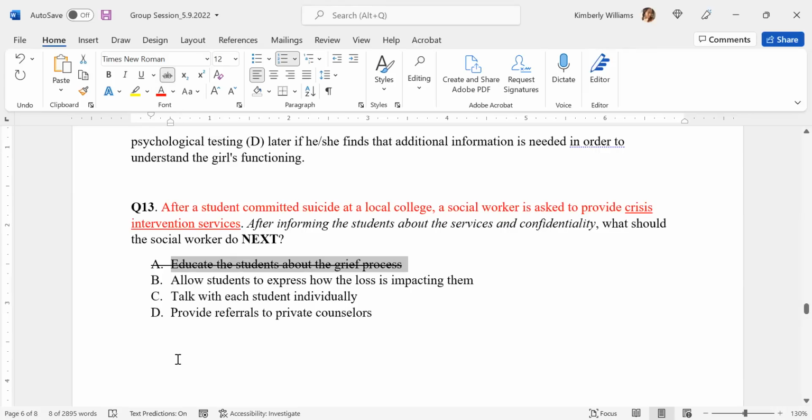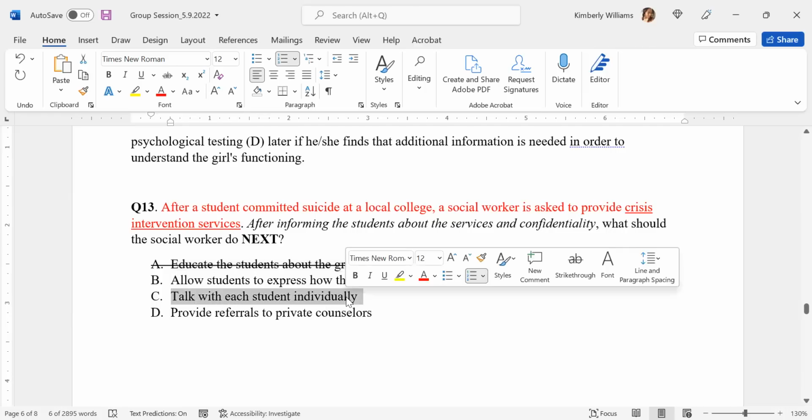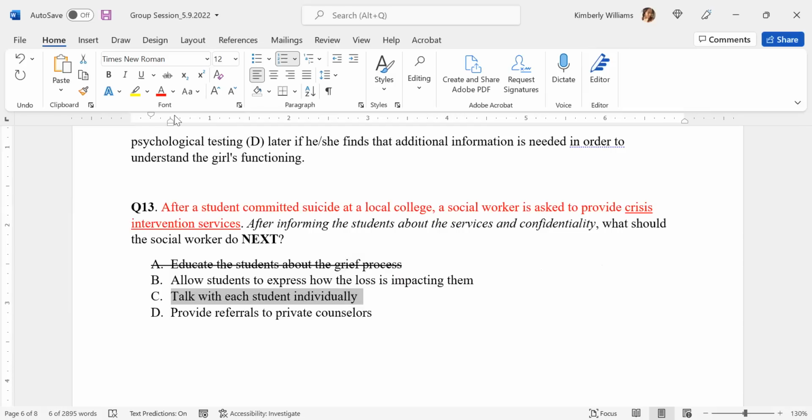Go ahead with B. It says, allow students to express how the loss is impacting them. I would pause. Talk with each student individually. I don't know, I would scratch that. Okay, anybody want to keep this one? Okay, go ahead.